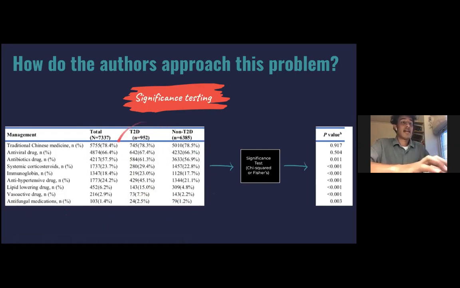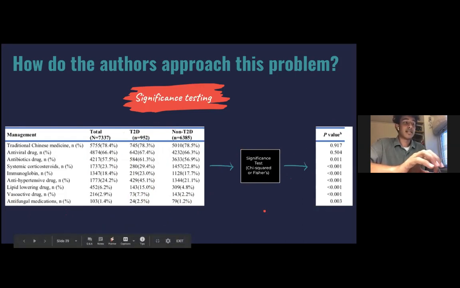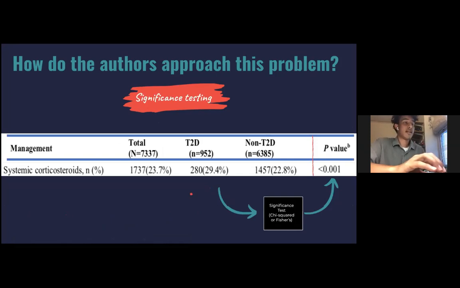So once they had all this data, they applied a significance test to it, and then they generated p-values for each instance of variable. And just looking at a more specific example, we're going to look at a drug called systemic corticosteroids, which is basically a drug that helps with really severe immune responses.